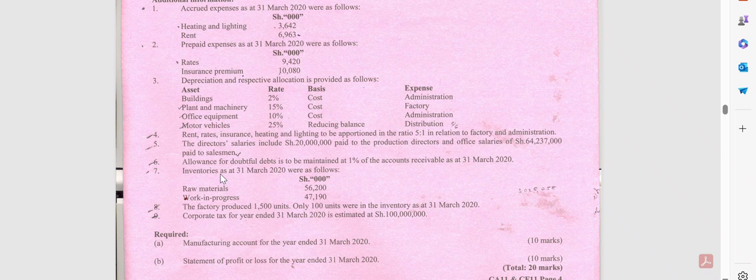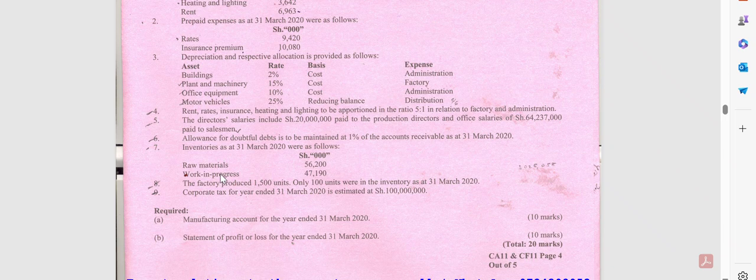So inventories, these are the closing inventories. Remember I told you that we normally have three classes of inventories: raw material, work in progress, and finished goods. Then additional information number 8, we've been told the factory produced 1,500 units. These were the units produced in the year, meaning they were able to convert inputs into 1,500 output.